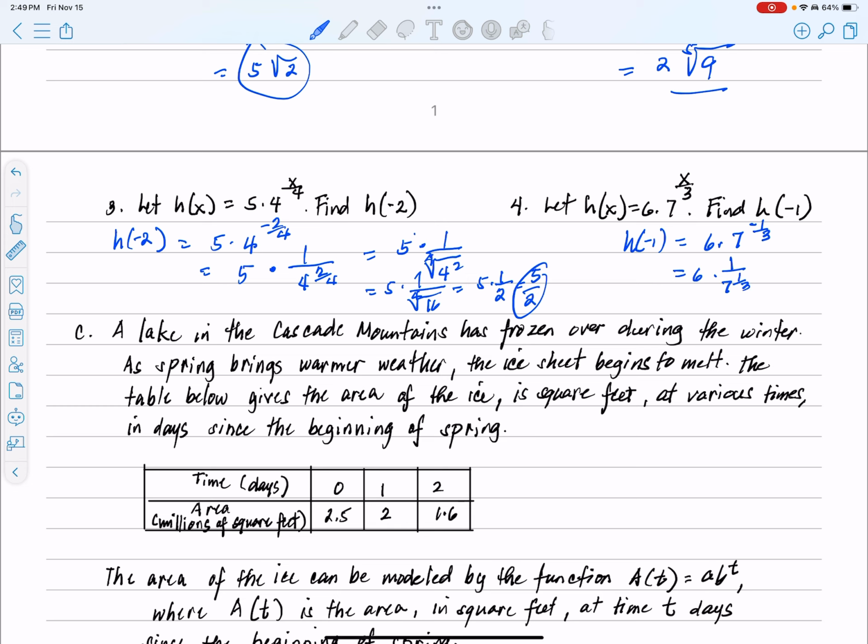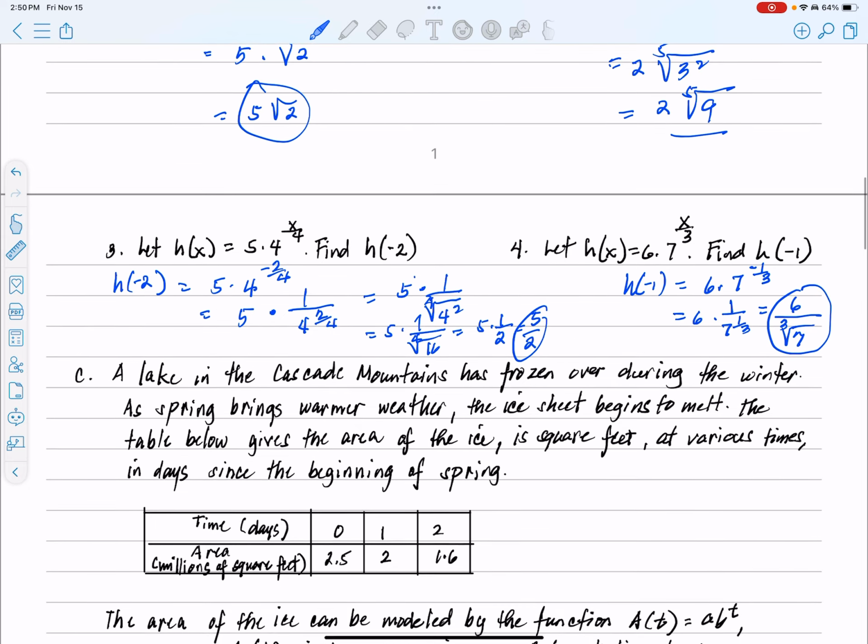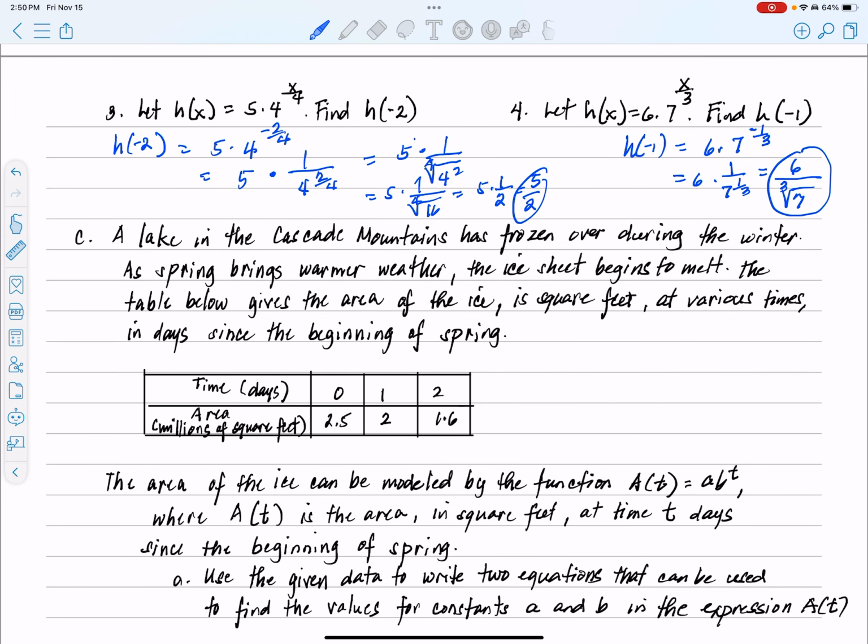So that would be 6 times 1 is 6, over, how would we convert 7 to the power of 1/3? That is the cube root of 7. So we're using the radical form. Okay, let's do this.